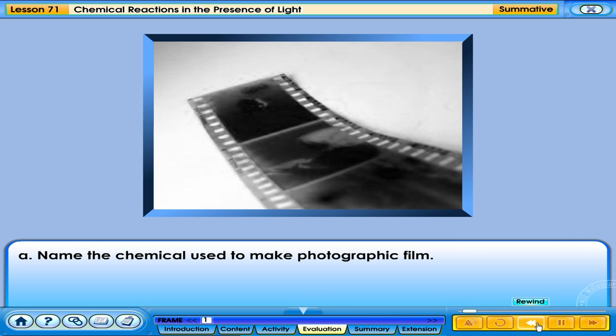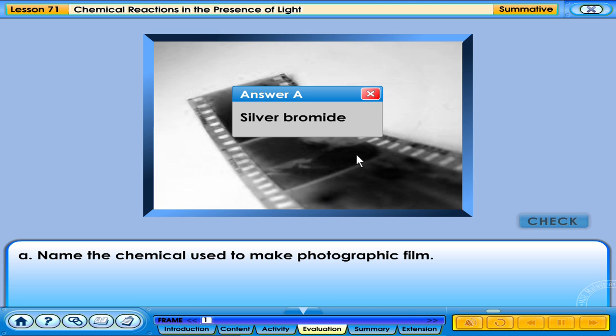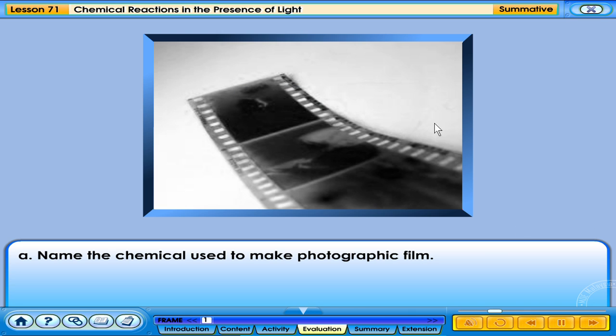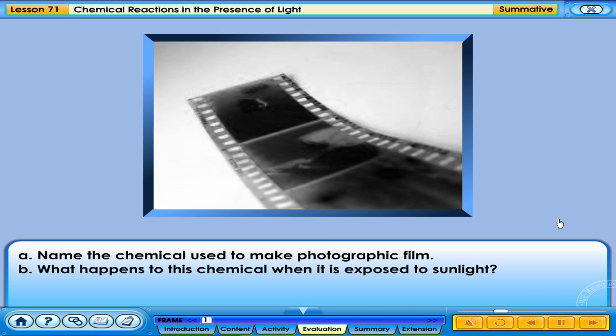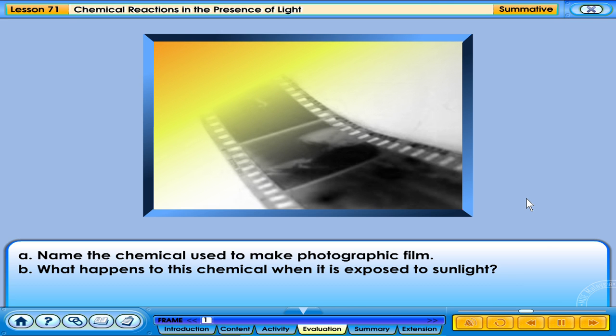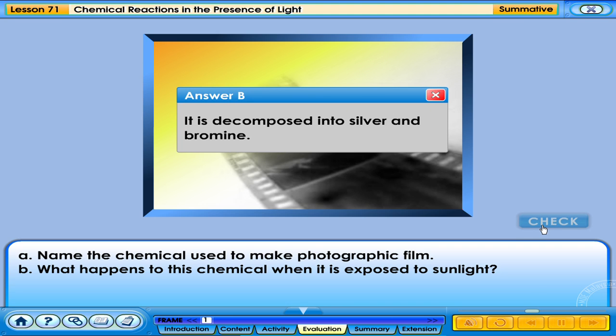A. Name the chemical used to make photographic film. Silver bromide. B. What happens to this chemical when it is exposed to sunlight? It is decomposed into silver and bromine.